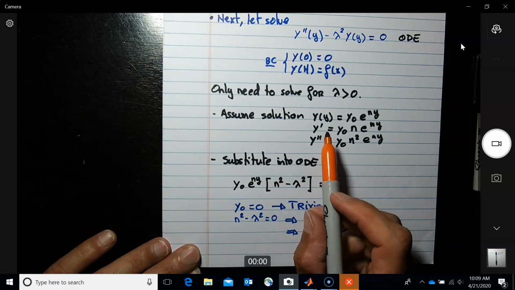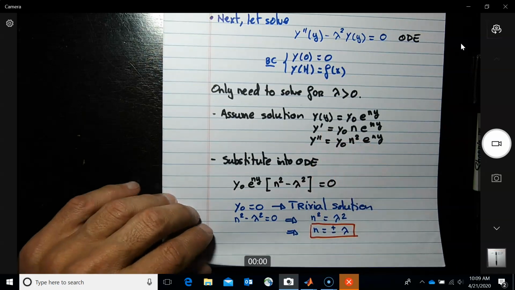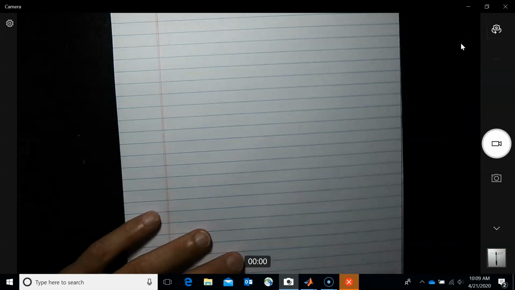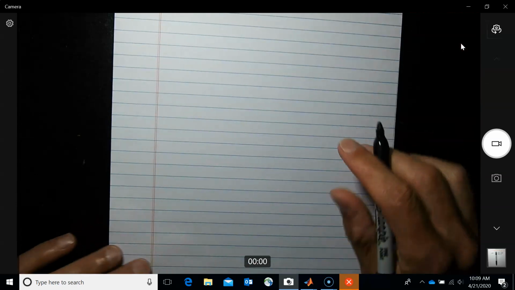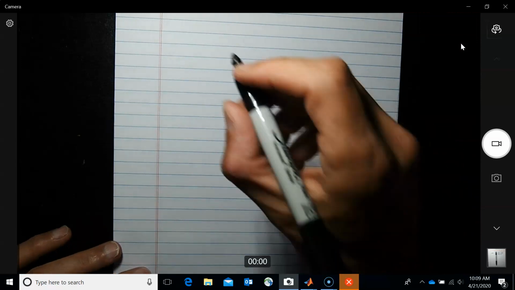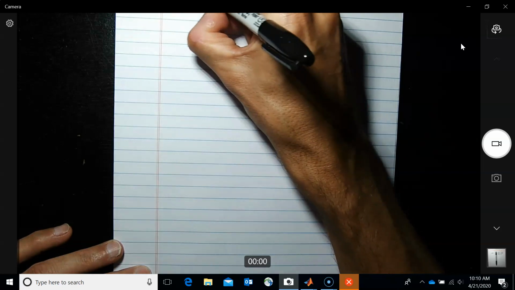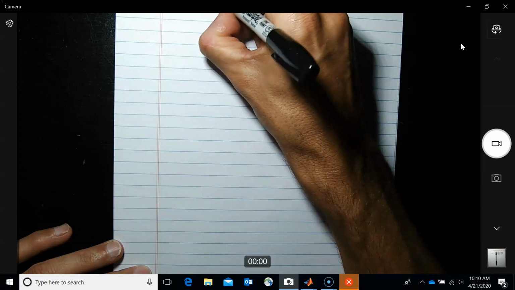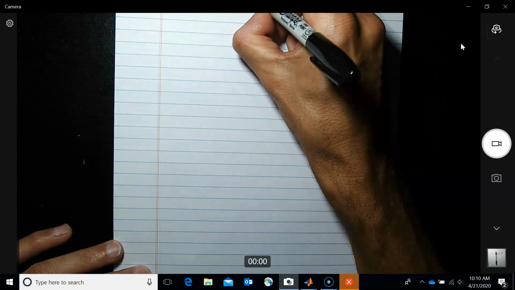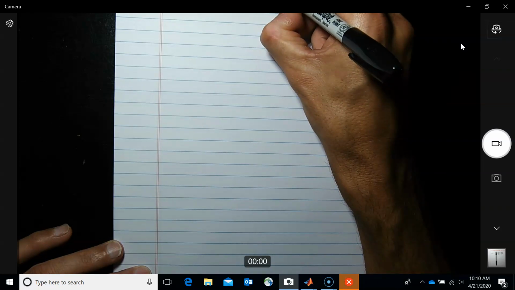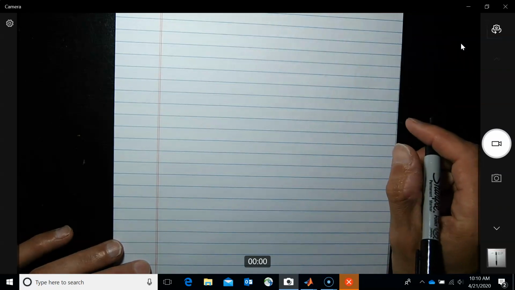Okay, we substitute into the assumed solution, and this gives us the solution of y. Let me change the constant: d1 e^(lambda y) plus d2 e^(minus lambda y). Okay?